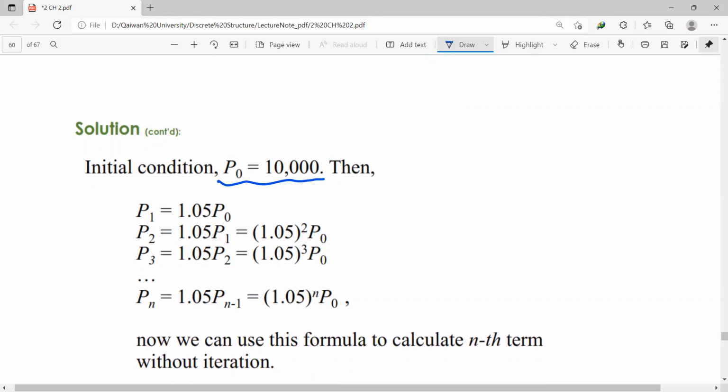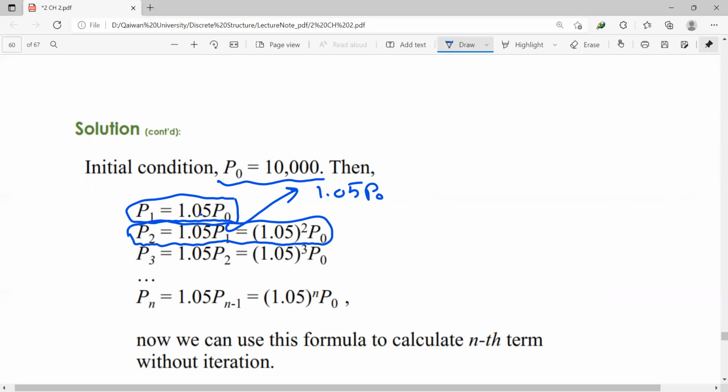P1 is 1.05 times P0. Is it? How about P2? P2 is 1.05 times P1. So what's P1? P1 is 1.05 times P0.